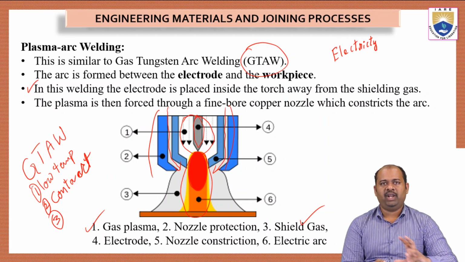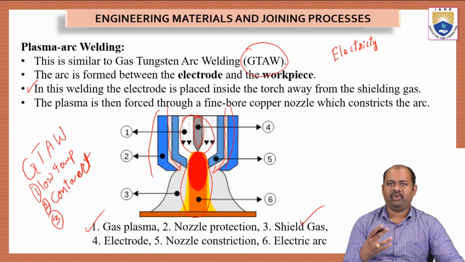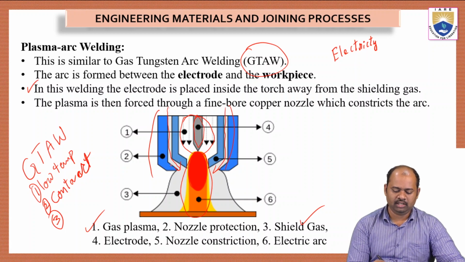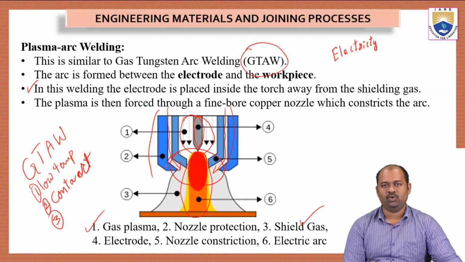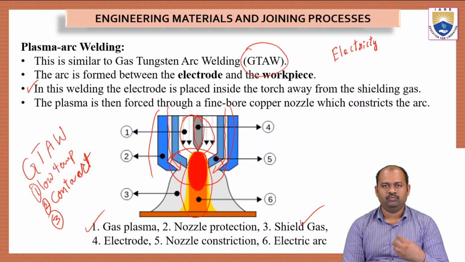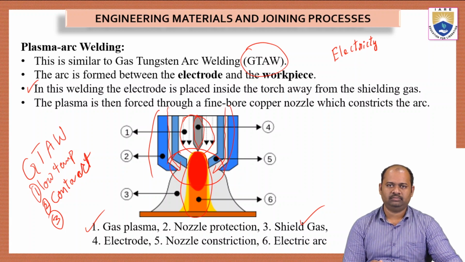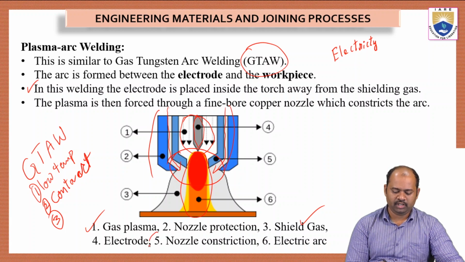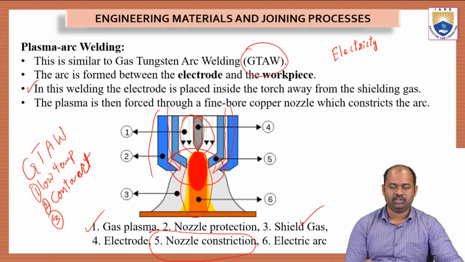Here, the plasma is forced through a fine bore copper nozzle which constricts the arc. See here, we have a nozzle. This place contains a nozzle which will make the plasma or the gas that is coming out of the torch come out with a higher velocity. So that is why we have the fifth part, the nozzle constriction.